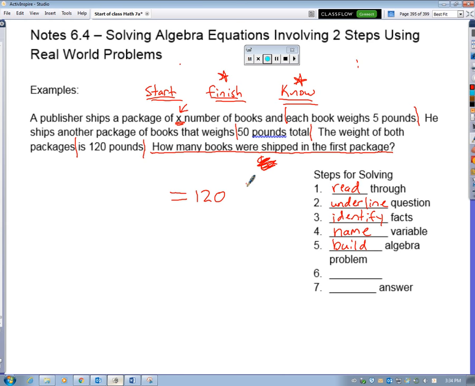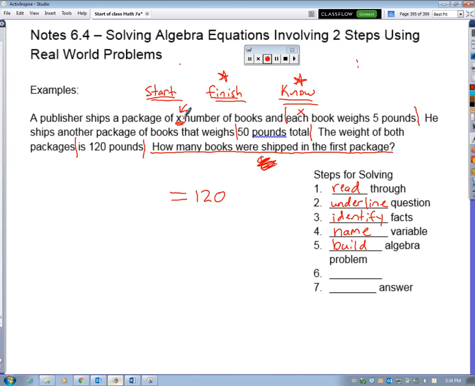So let's see what we got here. We know that in the first package, each book weighs 5 pounds, but we don't know how many books there are. So each is our clue that we're going to multiply, because it's 5 pounds times each book that we have.